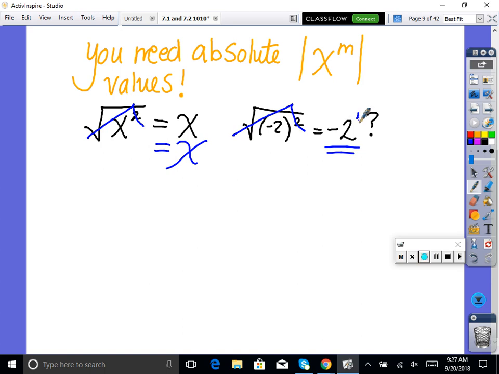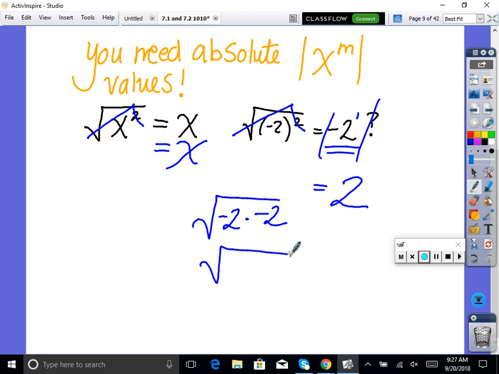Isn't 1 odd? So we need absolute values. So the answer is actually 2. Now think about why that is. We actually had negative 2 squared, which is negative 2 times negative 2. Doesn't that make our negative go away? So we actually were doing the square root of 4, which is 2. Do you guys see the problem?